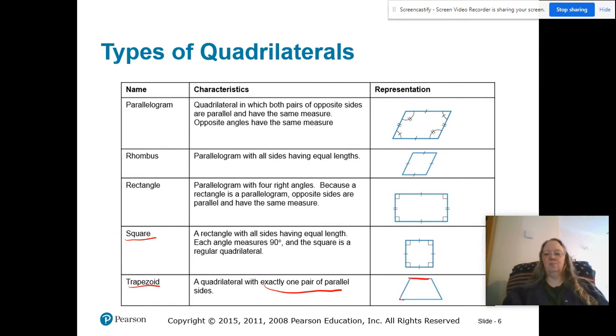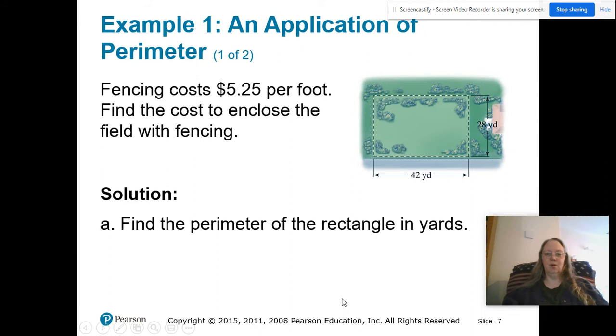So this side is parallel to this side, but these two sides are not parallel. By the way, the other definition, the one we're not going to use, is instead of exactly, they say at least one pair of parallel sides. If they say at least one pair of parallel sides, then technically all of these would be trapezoids, but that's not the definition we're going to use. Just throwing that out there for your information. All right.